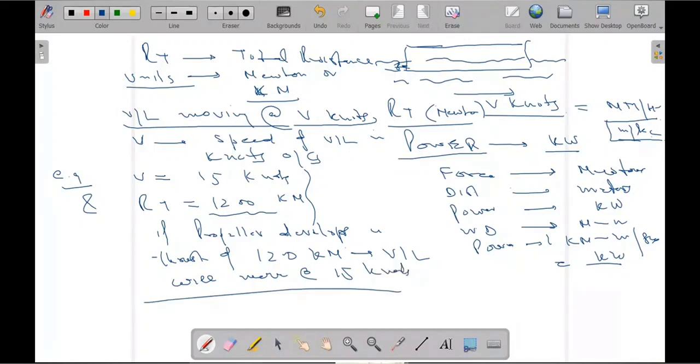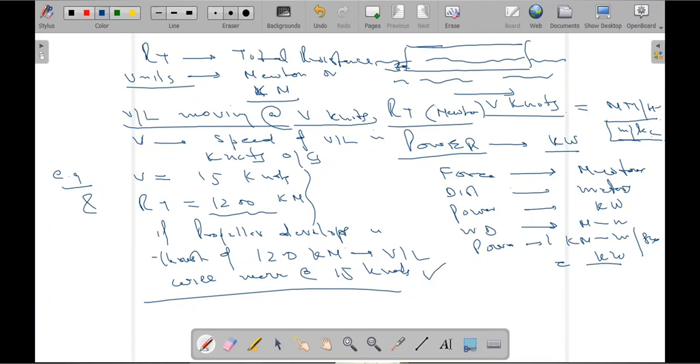This point should be clear. That means when the resistance at 15 knots is 1200, which is just an arbitrary value I have taken, if the propeller is giving me 1200 kilonewton force, the thrust created by the propeller, the vessel will move at 15 knots.